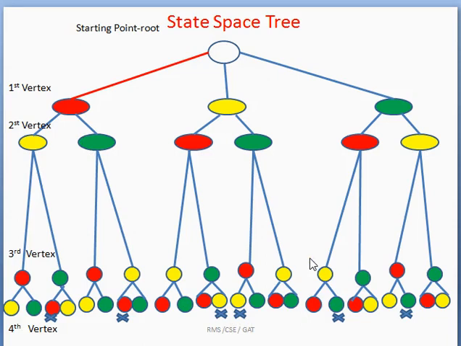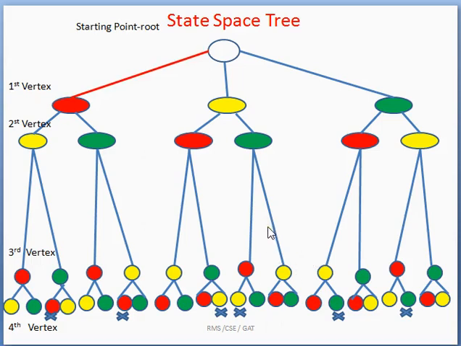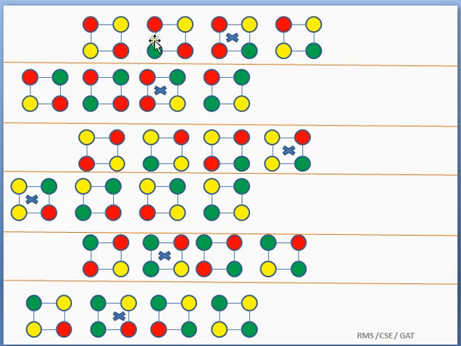So this is the complete state space tree we have drawn, which shows how the graph coloring is done while maintaining the condition. Now I can show the example. Out of these 24 possible ways, 6 ways are not satisfying our condition, so these are the wrong choices, and the remaining 18 are possible ways to color a graph with 4 nodes using 3 different colors.